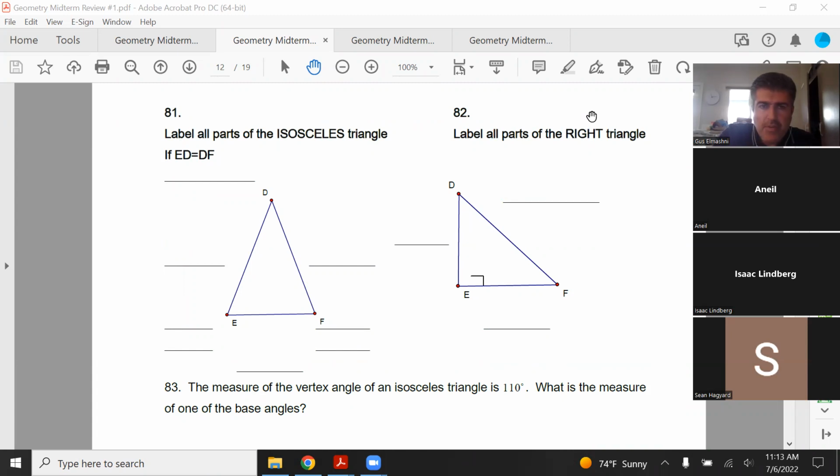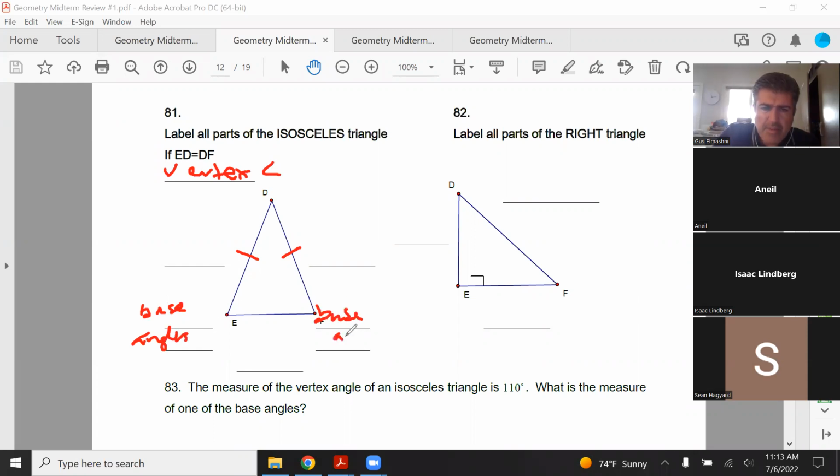So that's all parts of the isosceles triangle here. ED equals EF. I guess you call this a vertex angle, and you call these the base angles. Don't worry about that. I'm not going to test you guys on that.